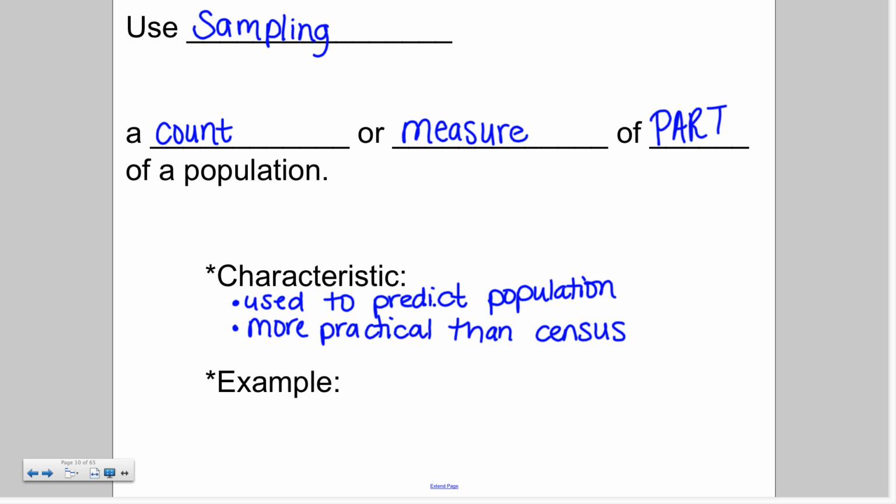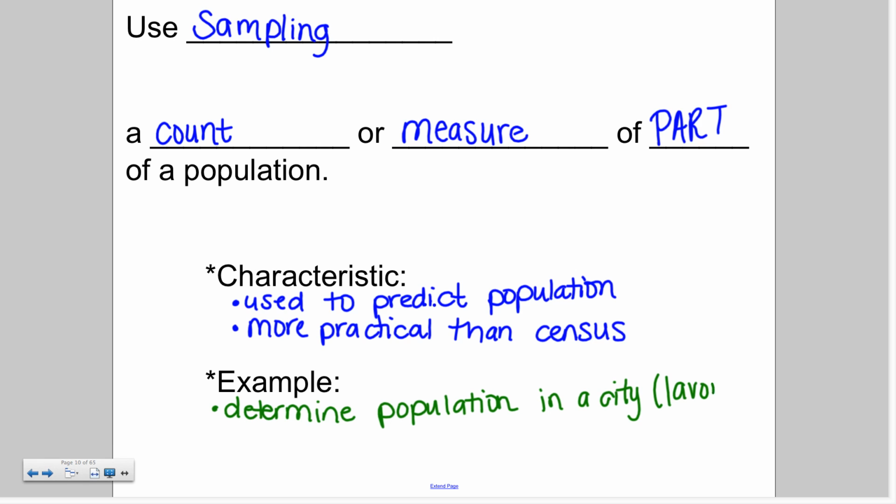So an example of that would be to determine the population in a city, such as Livonia, Royston, anything like that, and this is just the example that I'm using here, to determine, so you're going to use that population to determine the population in your county, such as Franklin.